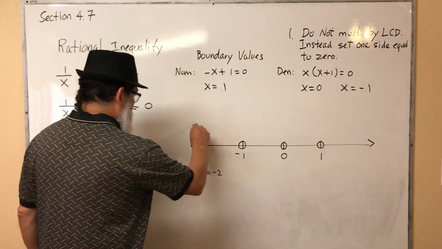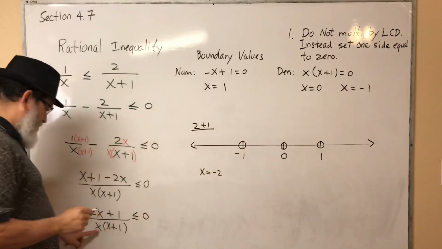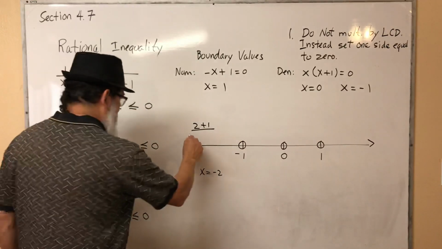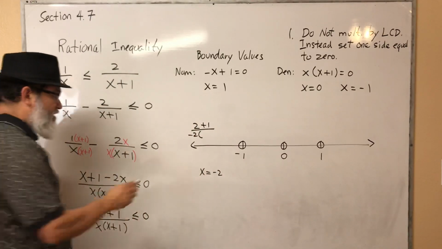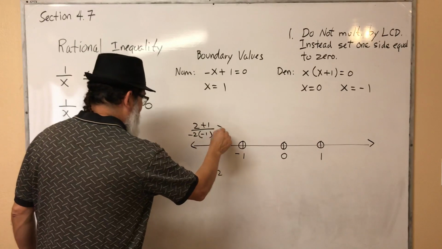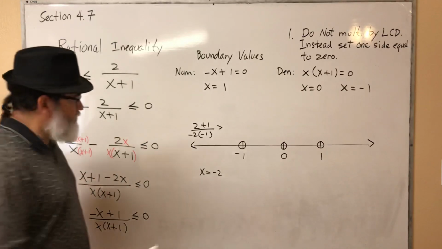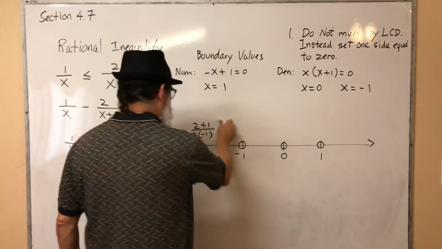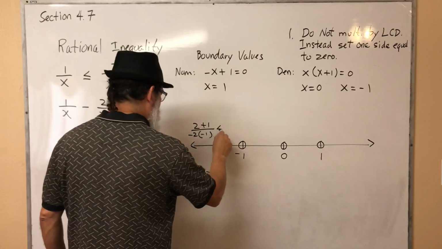So that's 2 plus 1 divided by, this is -2 times -2 plus 1, that's -1. The question is, is that less than or equal to 0?